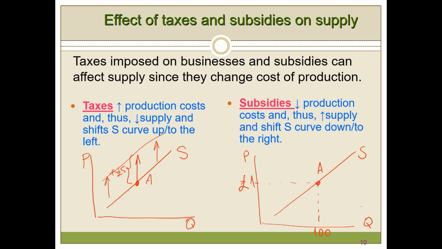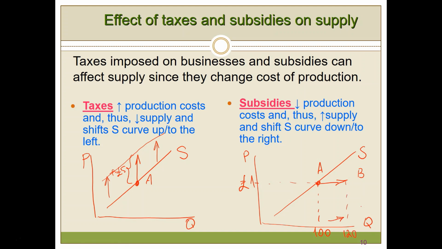Now, on top of getting £1 which your customer pays you, you will also receive, let's say, 50p from the government. Government will provide an additional incentive for you, which means that you will have an incentive to sell more items because you will be paid more. For each and every pound, you will receive 50p more. So basically, you have an incentive to move from point A to some point B, which implies that you are producing more items.